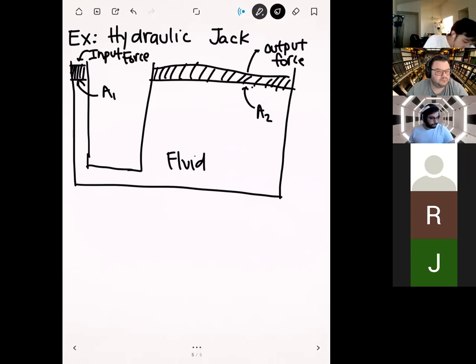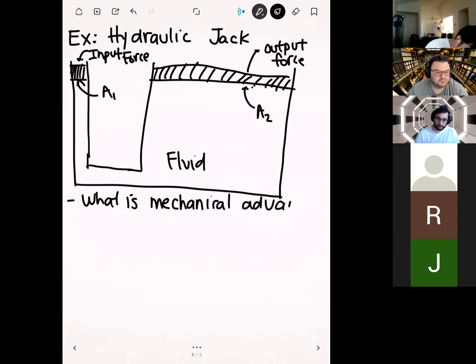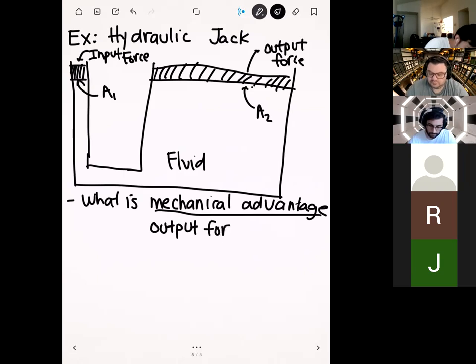What we're interested in finding is an expression for the mechanical advantage. The mechanical advantage is basically the ratio of the output force over the input force.